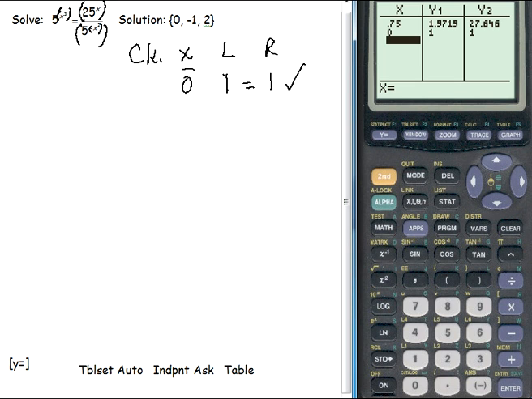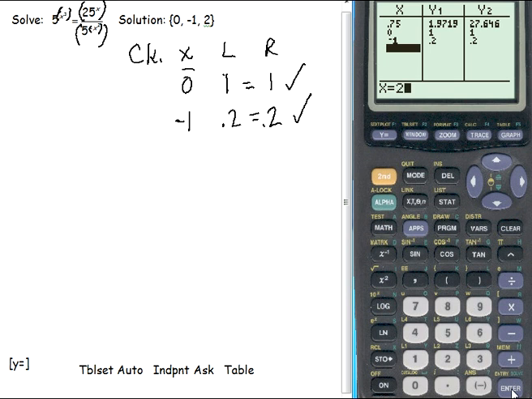And then we check the next solution, because we have 3 solutions to this problem. -1, hit enter, and we get that -1 is also a solution. It gives us 2/10 equals 2/10 when you evaluate the left and right sides. And the final solution we got was 2.